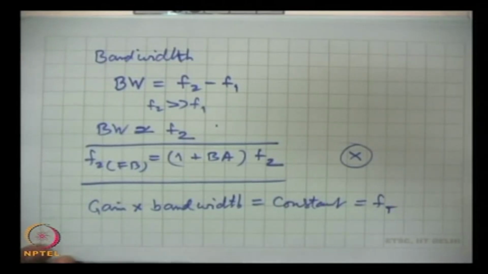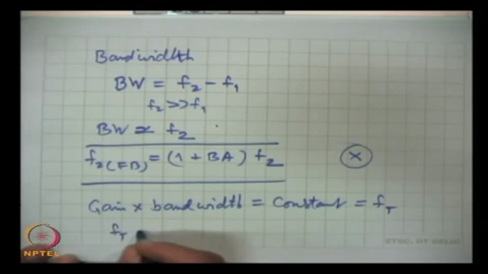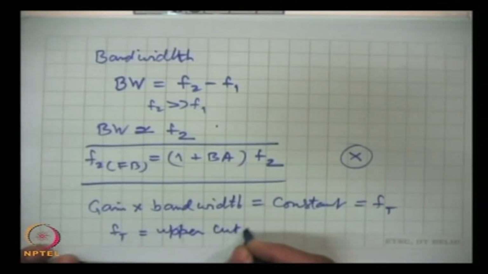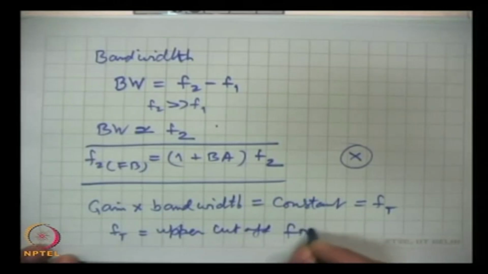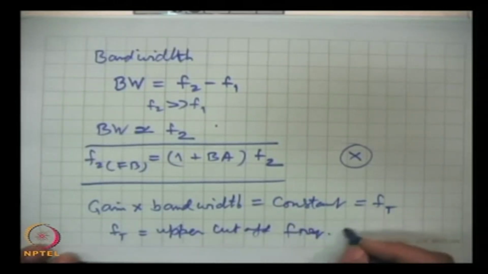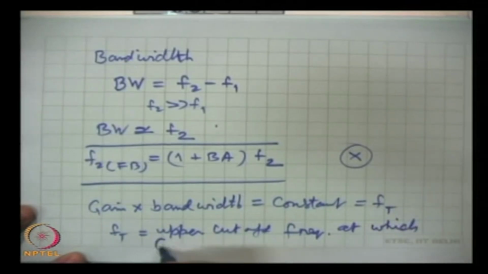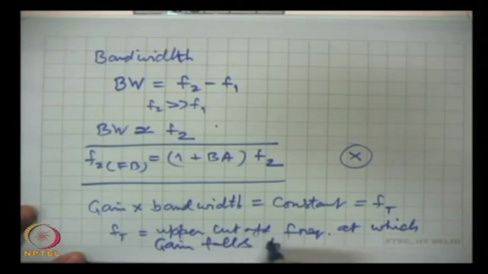What is ft? ft is upper cutoff frequency at which gain falls to 1, that is unity.